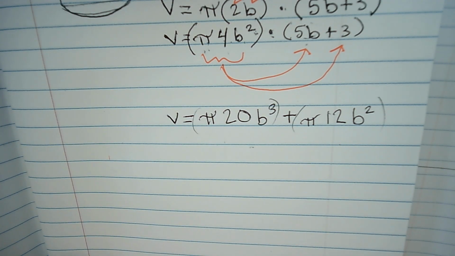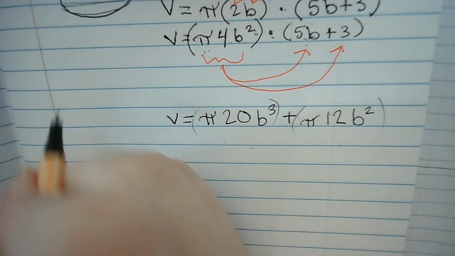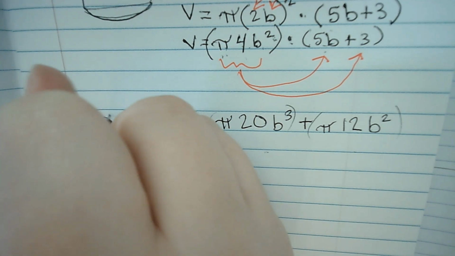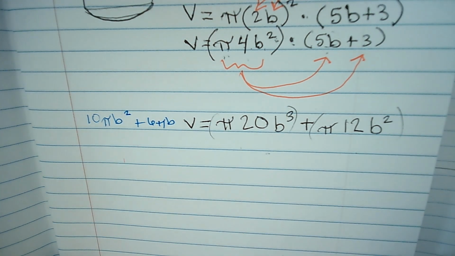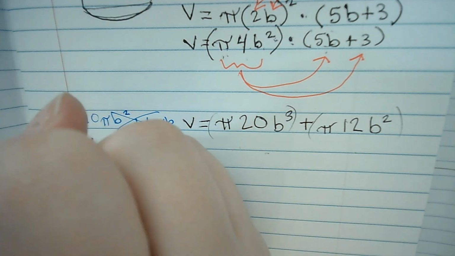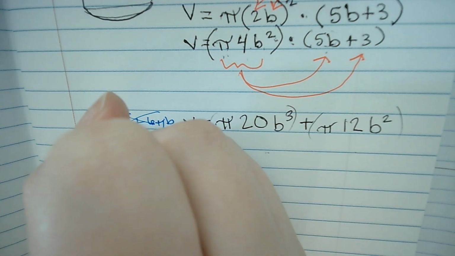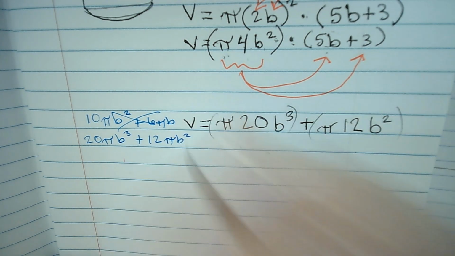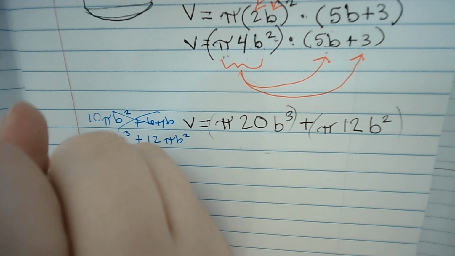My answer choices are, we've got 10 pi b squared plus 6 pi b. That looks nothing like my answer, so I'm going to say no. It's not A. B is 20 pi b cubed plus 12b squared. That looks dangerously close to my answer. Probably I'm going to put a star next to that one.